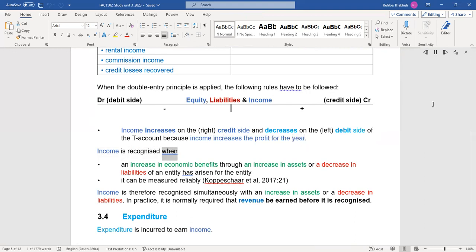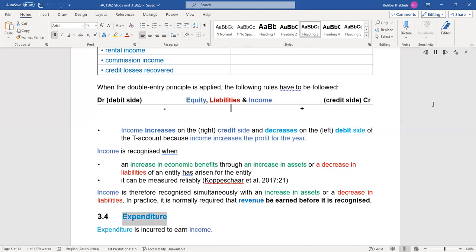Income is recognized when an increase in economic benefits through an increase in assets or a decrease in liabilities of an entity has arisen for the entity and it can be measured reliably, Kopshar et al., 2017:21. Income is therefore recognized simultaneously with an increase in assets or a decrease in liabilities. In practice, it is normally required that revenue be earned before it is recognized.